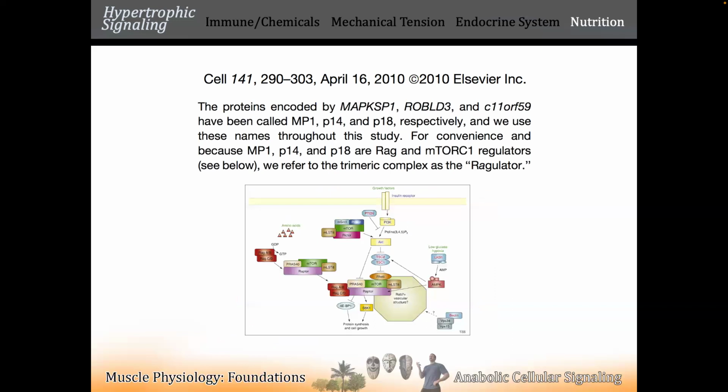So swallow a bunch of amino acids, especially leucine, arginine, a couple of the important ones. Some amino acids are more important than others, and you'll increase the amount of GTP-bound RAG, which binds to Raptor, the mTOR complex, and that facilitates interaction with Reb. Regulator, that's just RAG regulation. This is more detail than you need to know.